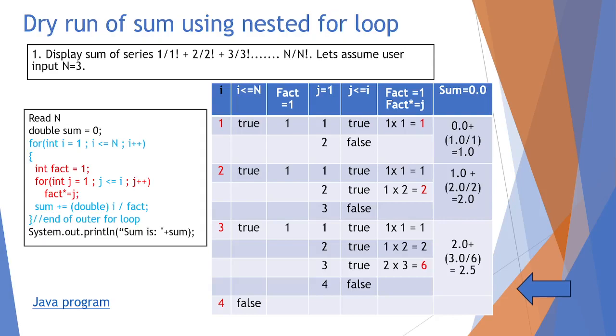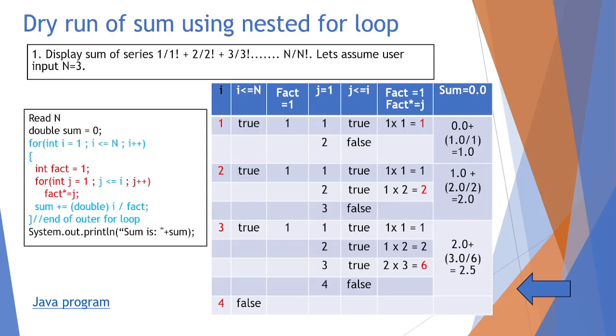So the sum variable is initially 0.0, using double of i, that is red colored i 1, upon factorial for that particular iteration is 1. So 1.0 upon 1 is equal to 1.0. Then second iteration 2.0, that is i, upon the factorial of 2, which is 1? No, 2 is 2 factorial is 2, so 1.0.